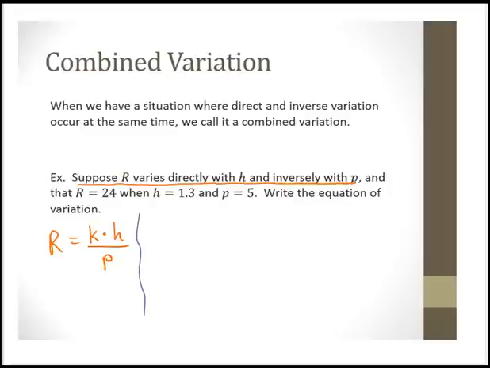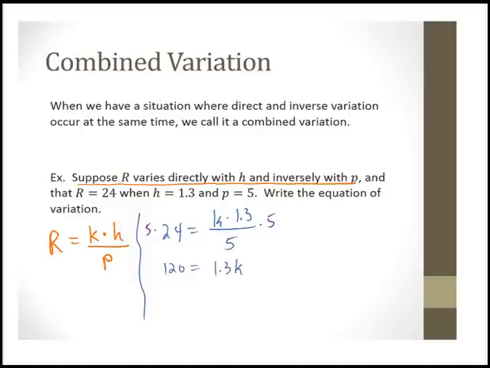And that R equals 24 when H is 1.3 and P is 5. Alright, so let's solve for K. I'll multiply by 5. So then 120 is equal to 1.3K.